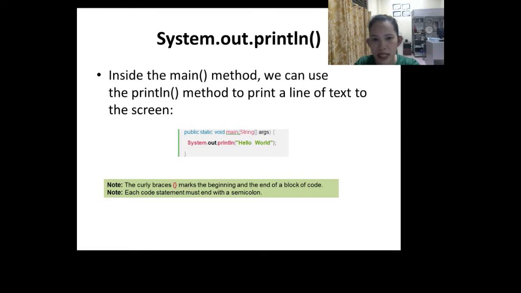We are simply displaying the text that is inside the print method, and that is Hello World. Note, the curly braces mark the beginning and the end of a block of code, and each code statement must end with a semicolon.